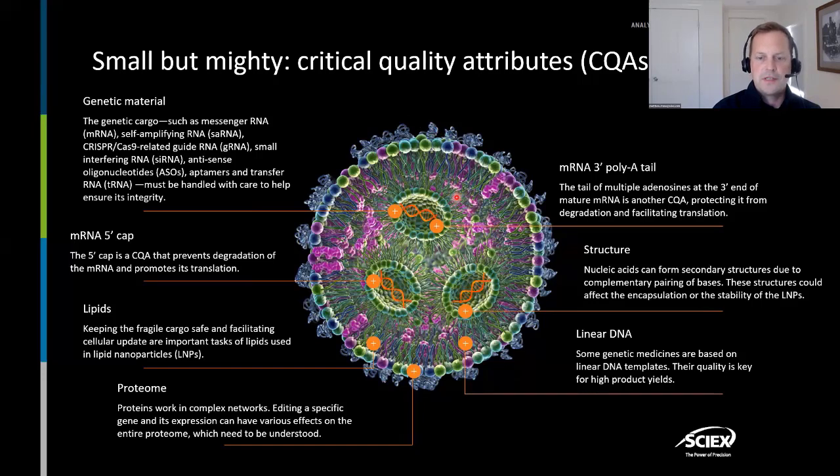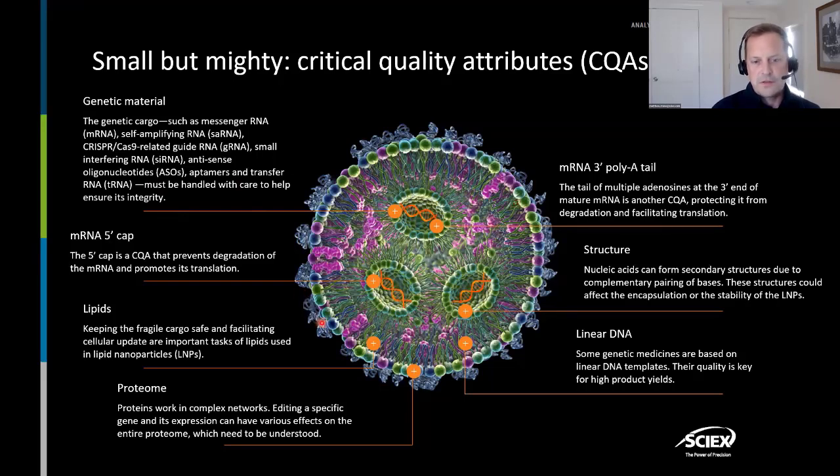There's several different components that need to be characterized. Certainly the genetic material itself, confirming the sequence, and then mRNA has a 5' cap and a poly A tail that would need to be characterized as well. The lipid component also needs to be characterized, and so on and so forth.